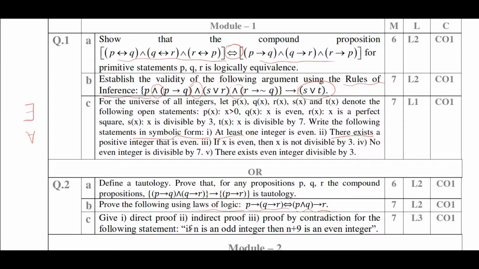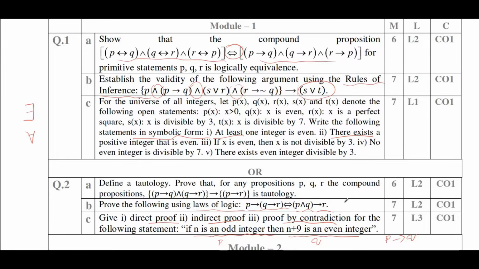What is the given statement? If n is an odd integer, I will name that proposition P, then n plus 9 is an even integer, that is Q. So if P then Q. The given problem is of the form P implies Q, and using this I need to give a direct proof, indirect proof, and proof by contradiction.